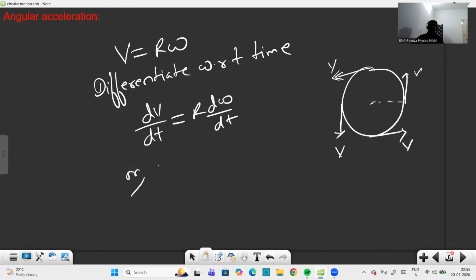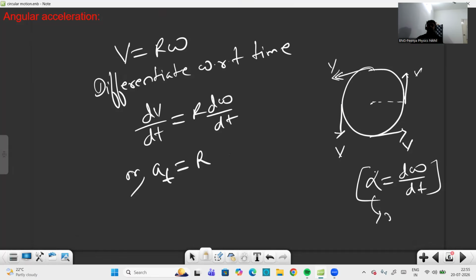So here is the tangential acceleration, a t. a t equals r into the rate of change of angular velocity, which is the angular acceleration. So alpha is d omega by dt. Correct? And its unit I already discussed with you, radian per second square. So a t equals r alpha.